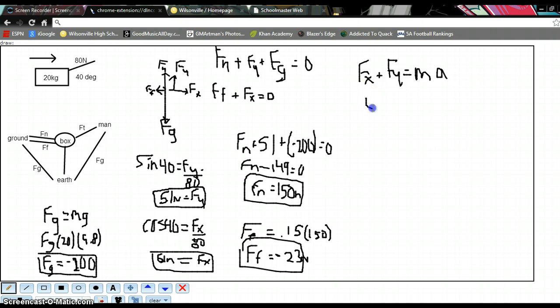You would plug in 61 for Fx, and this isn't supposed to be Fy, this is supposed to be F, so friction force. Change that. And we found that the friction force was negative 23, and our mass was 20.